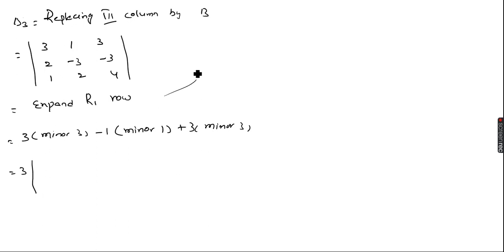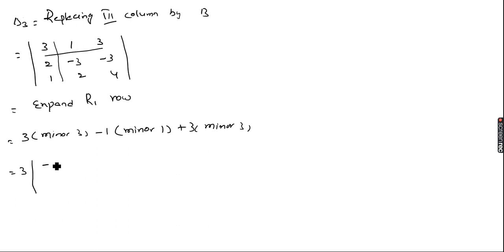The minor is nothing but, remove the row and column of that element. What is the position of this one? First row, first column. Remove that one.